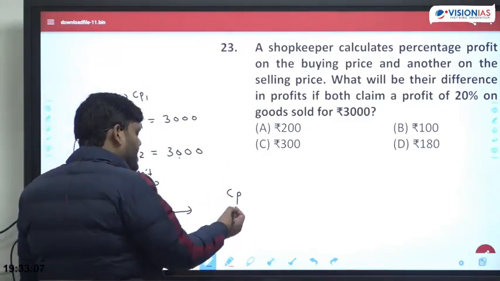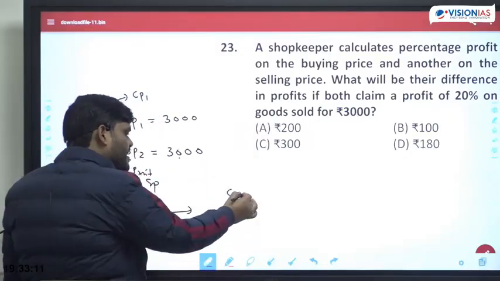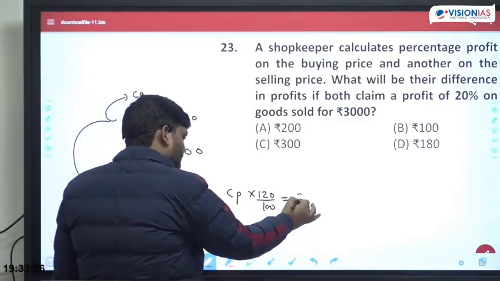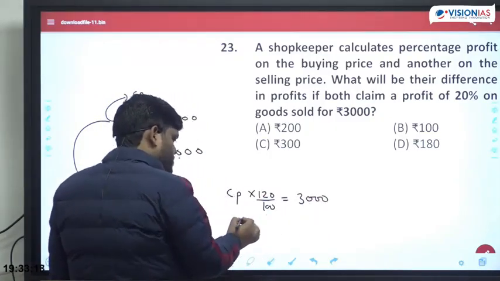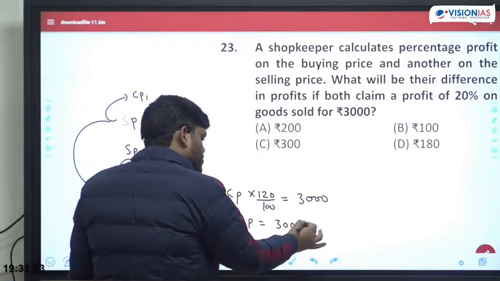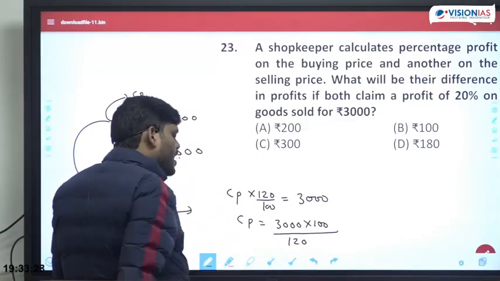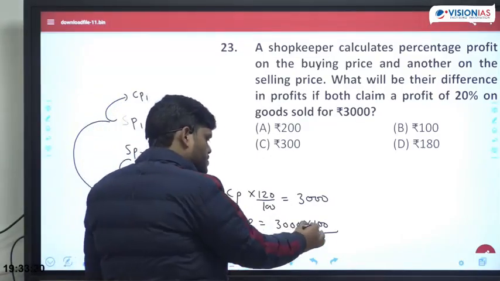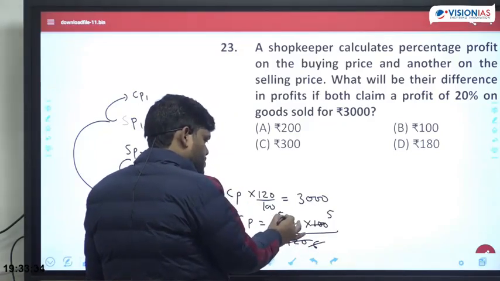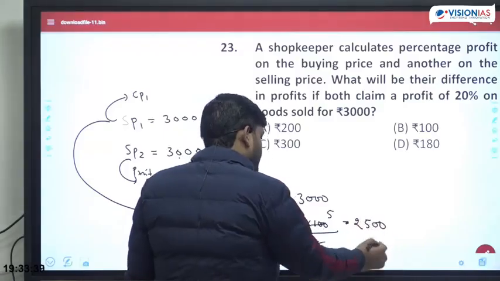So what is the CP here? CP here will be, because there is a 20% profit, CP becomes 120%, and this is equal to SP. So from here CP is equal to 3,000 into 100 upon 120. That means 2,500.